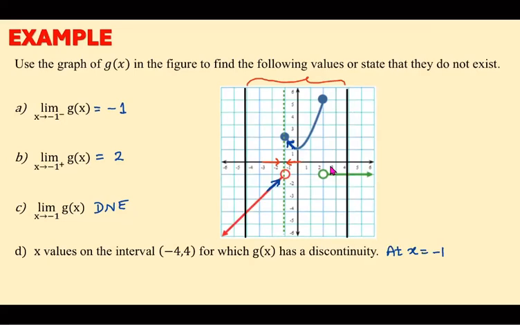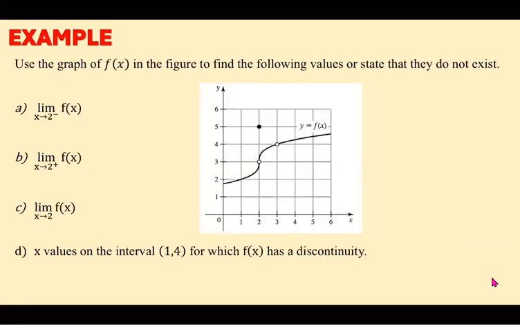So the function is discontinuous at x equal to -1 and x equal to 2. This is how we can use the graph to find the limit if it exists, and also look at the graph and check if the function is discontinuous on the interval.